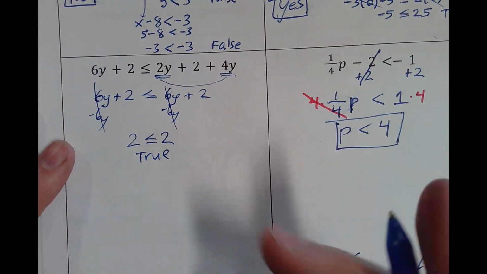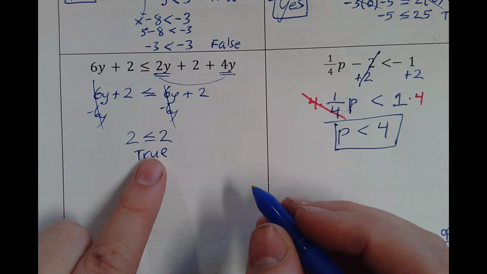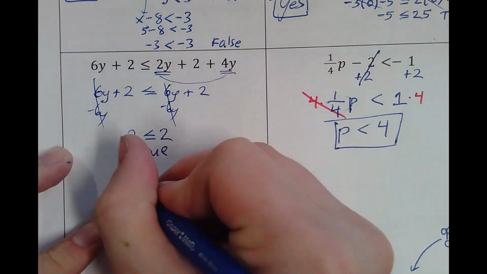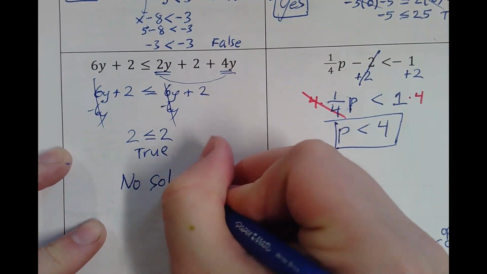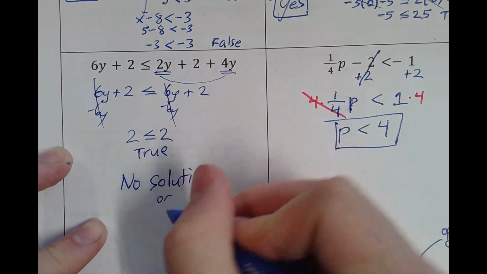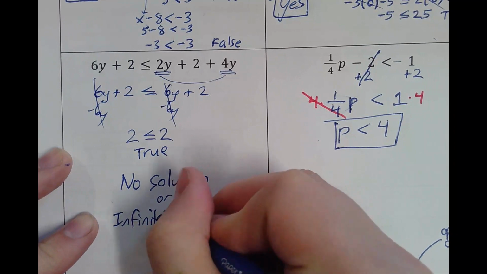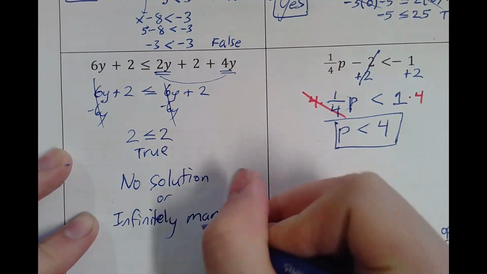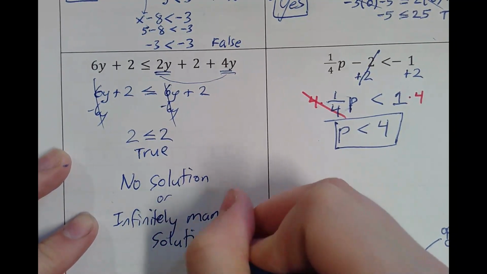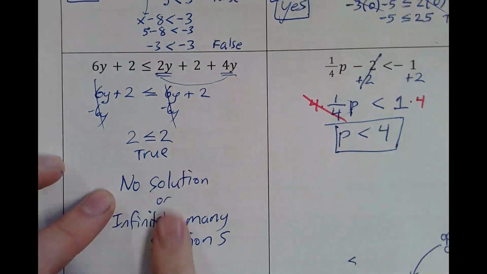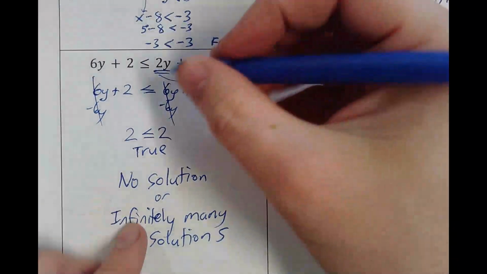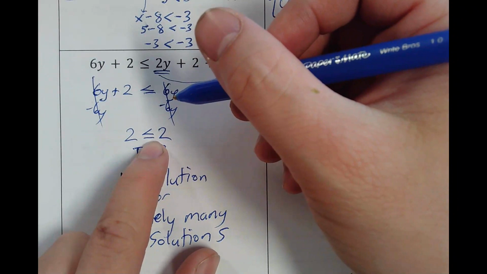And get a solution. So here's the reason why it's one of these. Is it no solution, or is it infinitely many solutions? It's one of these. Can't be both. Which one is it? 2 is less than or equal to 2.